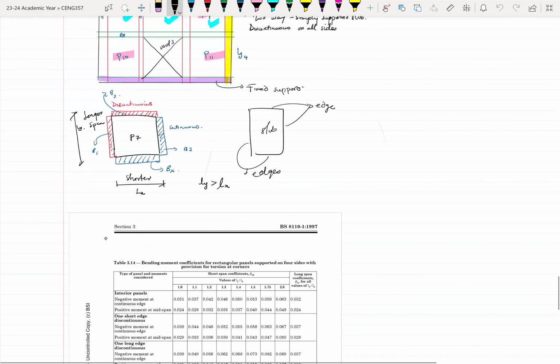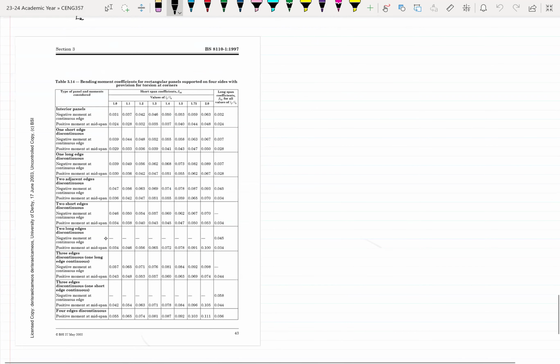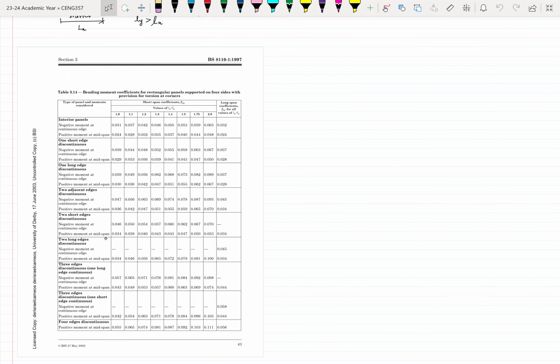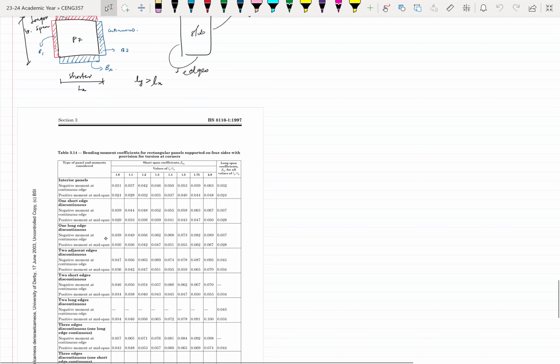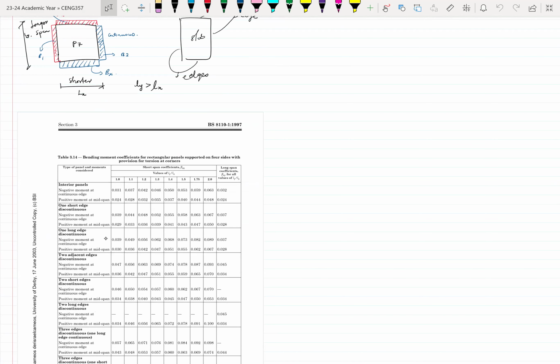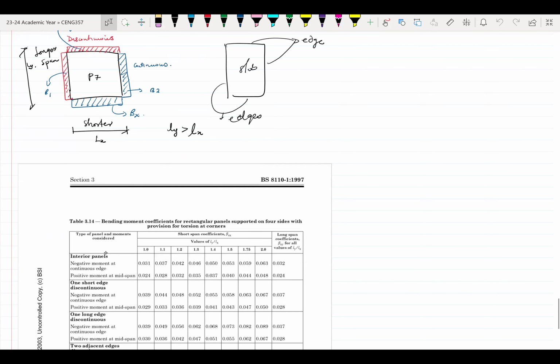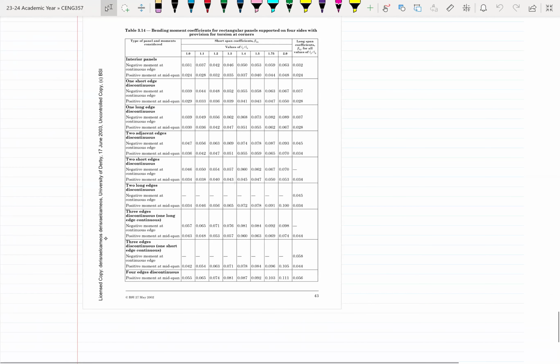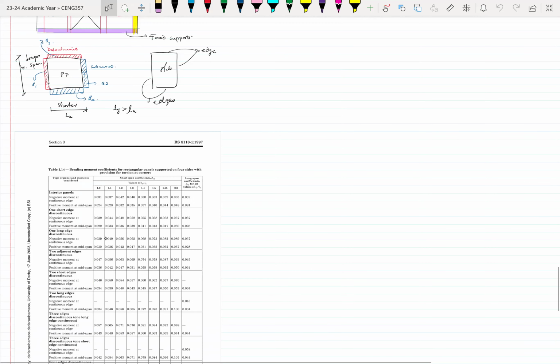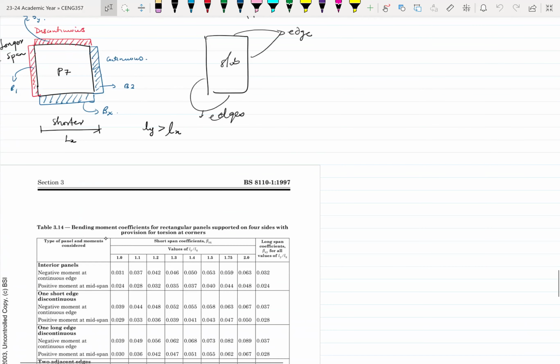Okay, so this table, this is a very important table, and this table helps us to know which panels to deal with, all right? So here, if you look at this, panel 7 has two discontinuous edges, all right?